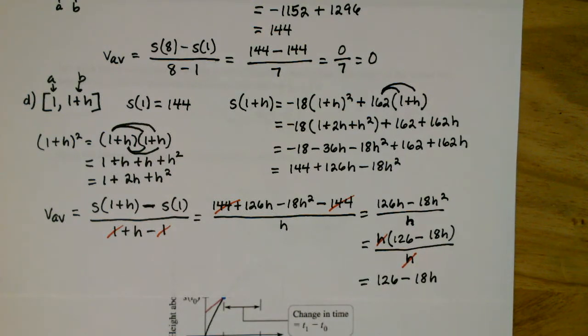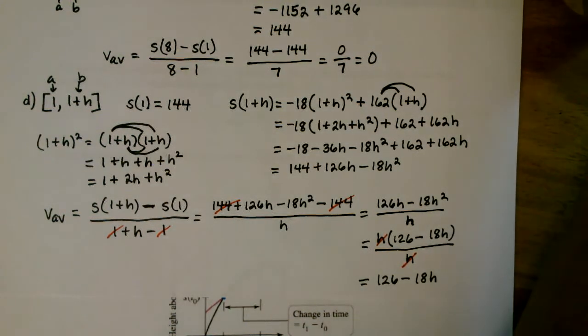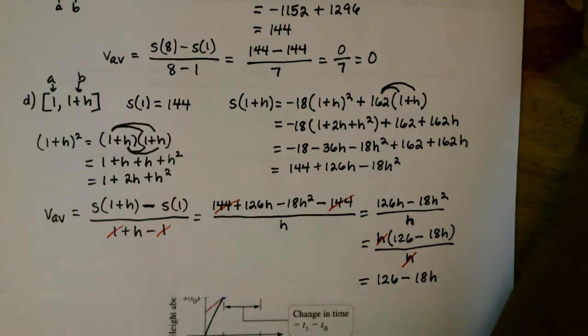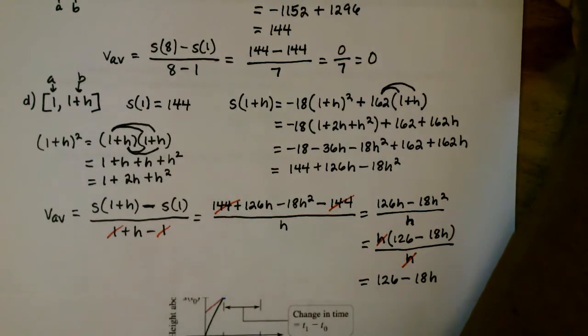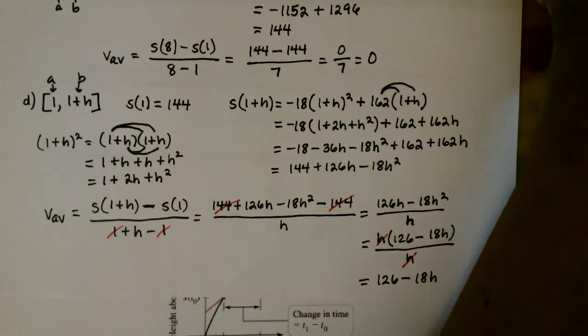So this deals with just average velocity and calculating the average velocity on an interval that's given with a given s of t function, which is a position of an object moving along a line.